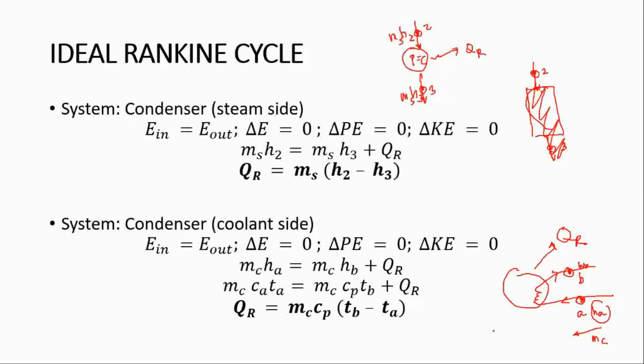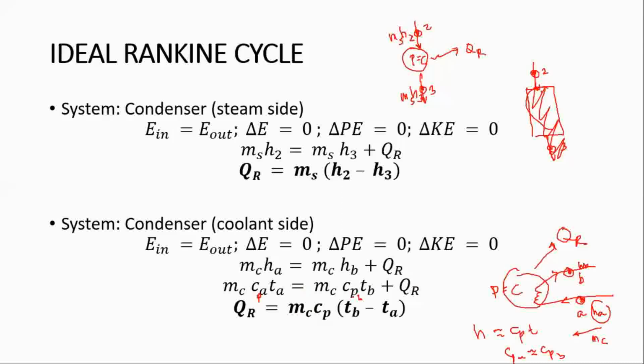But we all know H is almost Cp times T. So, liquid form naman yan. So, okay lang. So, magiging MC Cp at point A, T sub A, no? Yung enthalpy natin equals MC Cp at point B, T sub B plus QR. Yung Cp at A equal lang naman sa Cp, specific heat at constant pressure at B. So, ito ay P is equal to C. So, yun na.